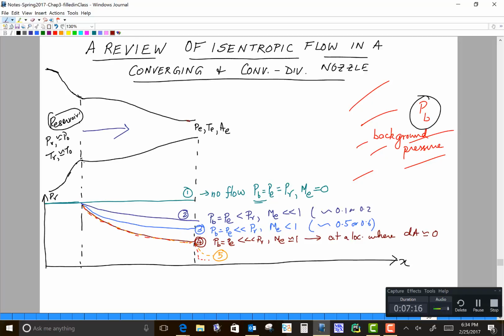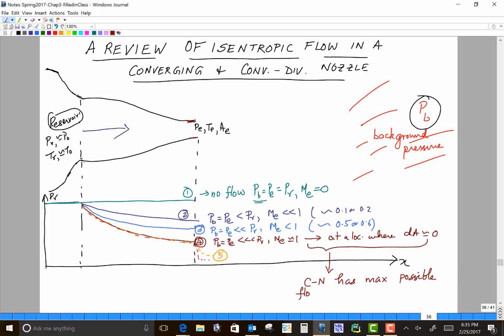This would occur at a region where dA is approximately 0, which is correct, and would also occur in a region which corresponds to the smallest area of cross section in this nozzle, which means this case 4 corresponds to the state where this converging nozzle has the maximum possible flow rate for a given P naught and T naught. Okay, so this corresponds to the maximum possible flow rate.